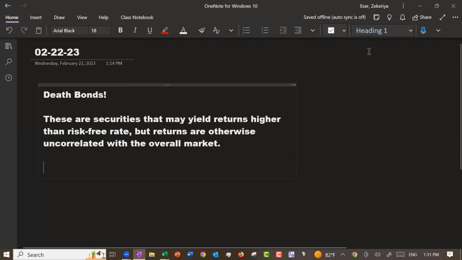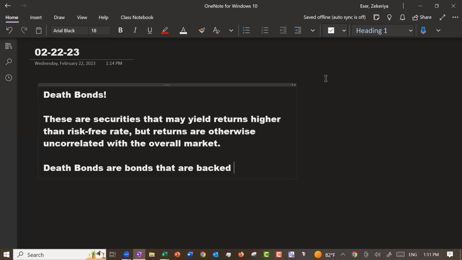What these death bonds are, are bonds that are backed by life insurance policies, and typically term life policies.